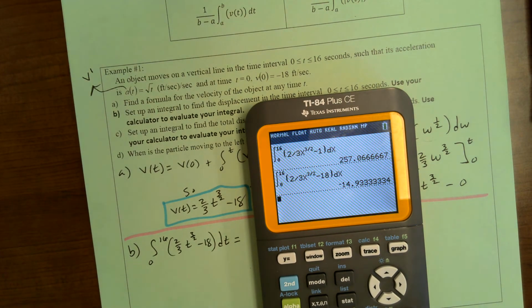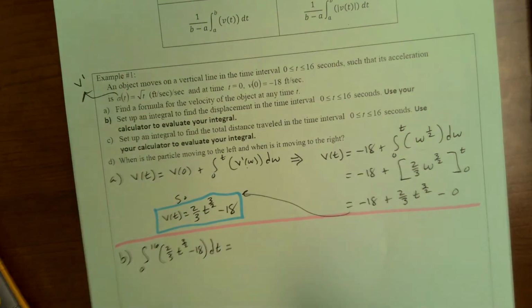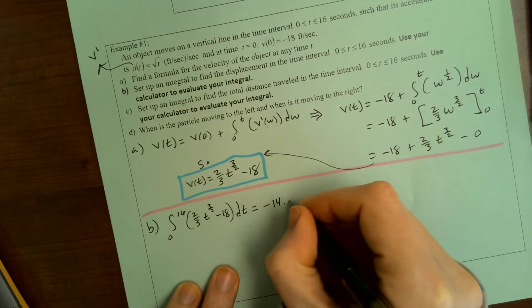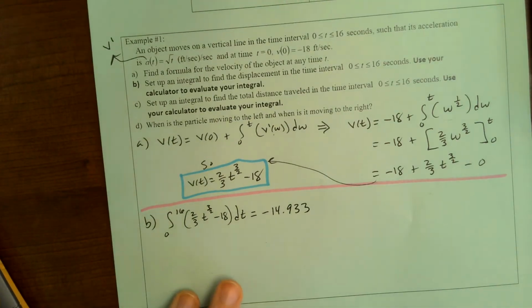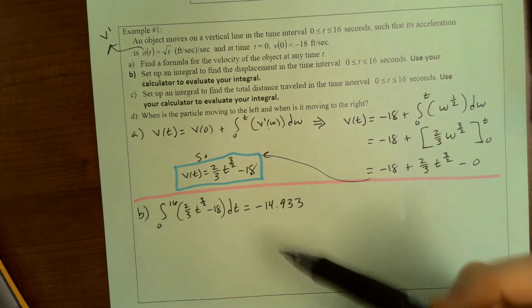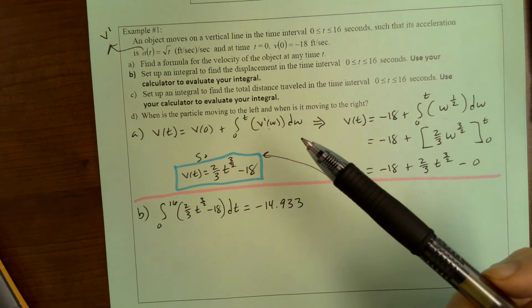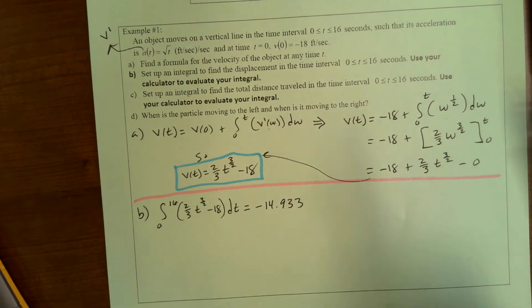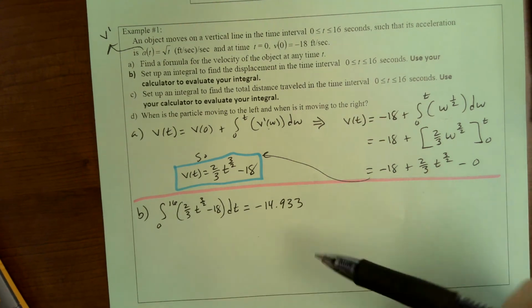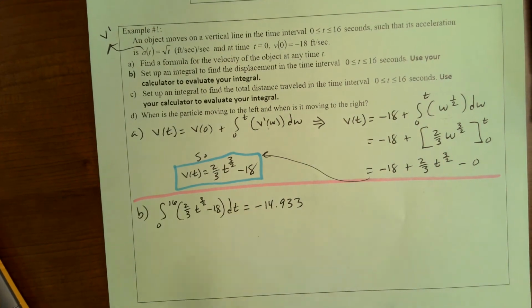There it is. Okay, negative 14.933. So that means that the net change in position from 0 to 16 is 14.933 feet to the left.